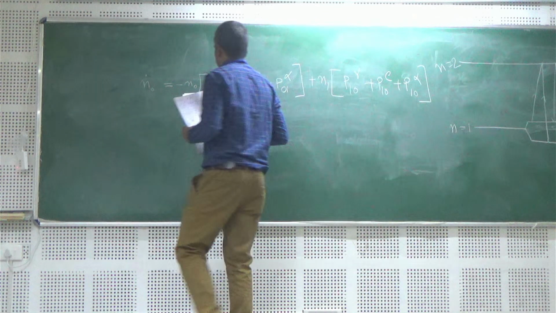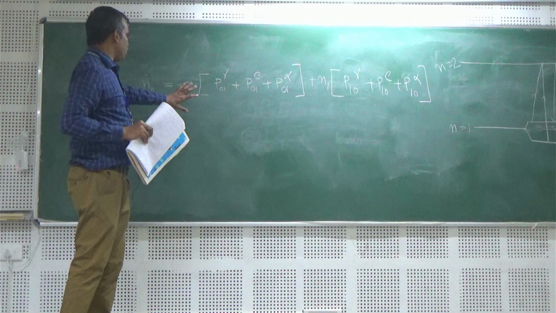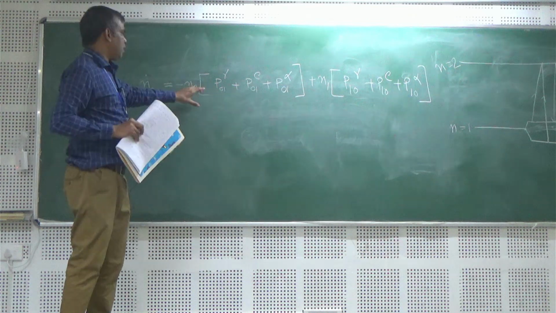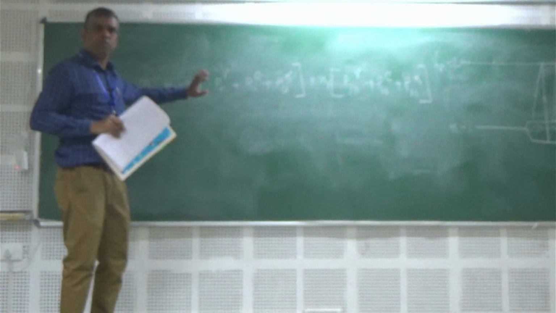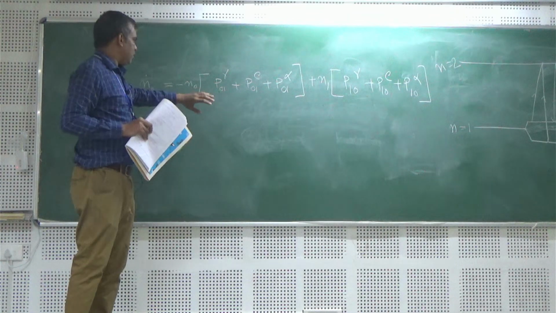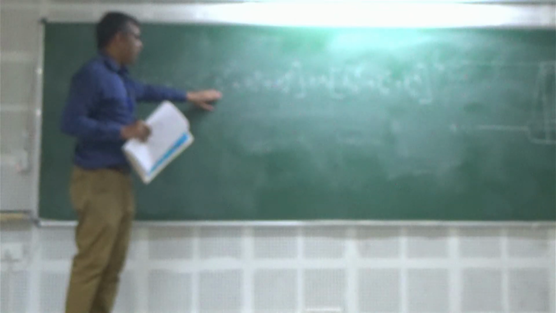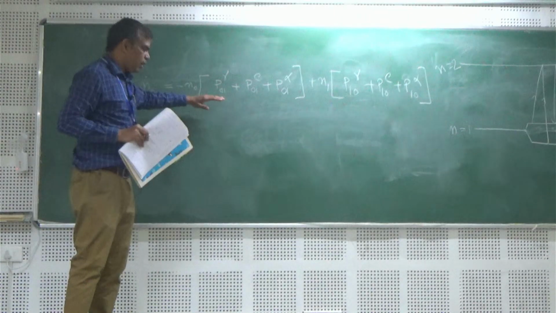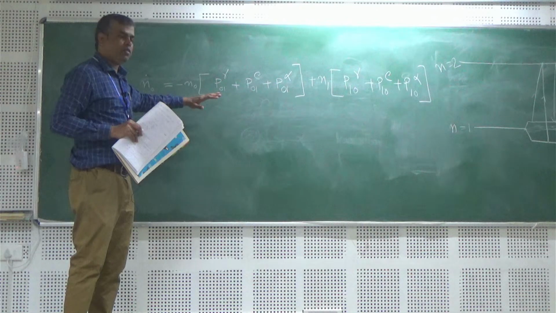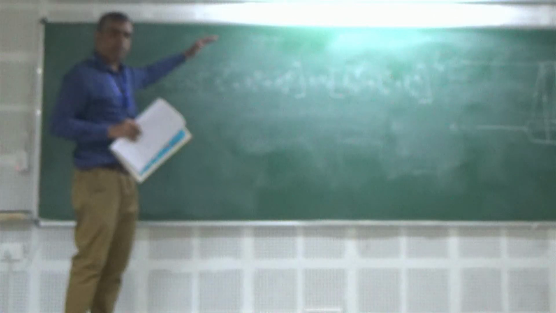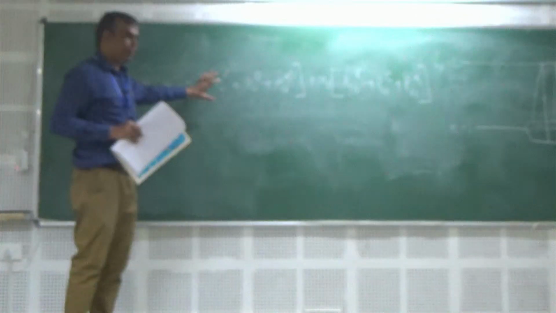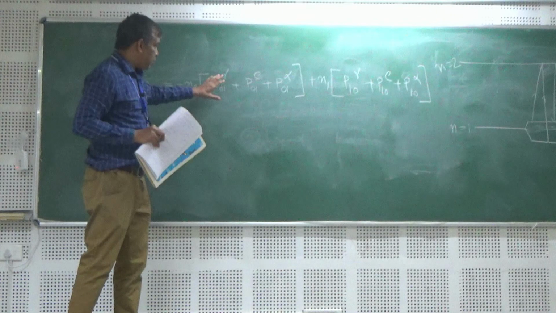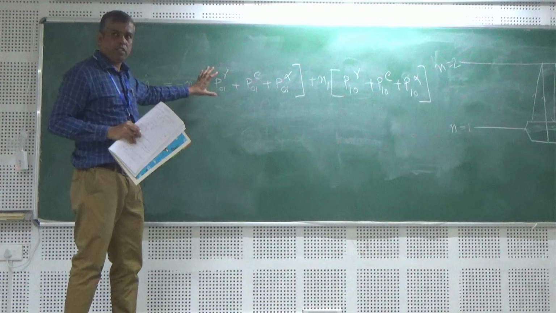So what are these? This quantity P01 gamma is the rate at which the singlet state atom is going to the triplet state atom per unit time, due to the radiative transition.